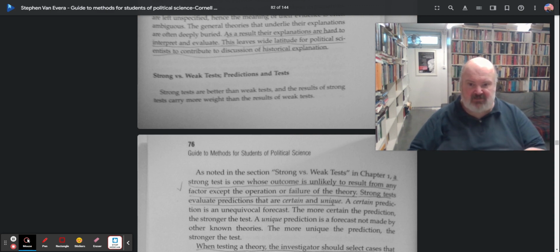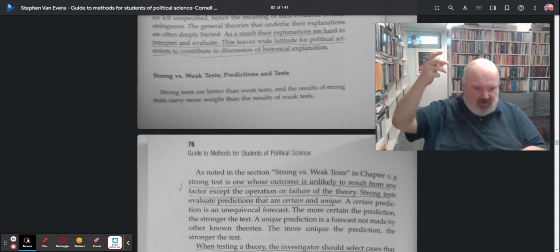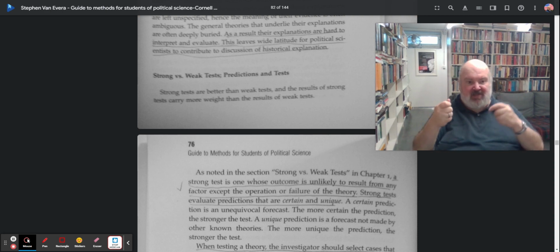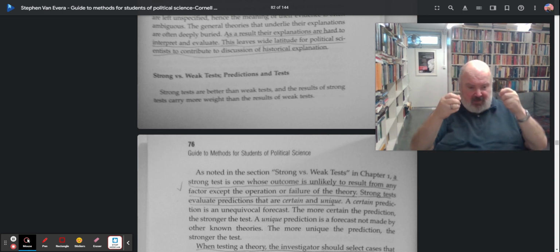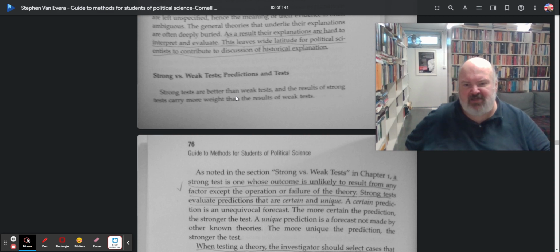But the types of tests, again, we talked about from chapter one. A test has to be strong, with high uniqueness and high certitude. These are the strongest tests. Strong tests are better than weak tests, and the results of strong tests carry more weight than the results of weak tests. So remember, this is a general principle: strong beats weak.